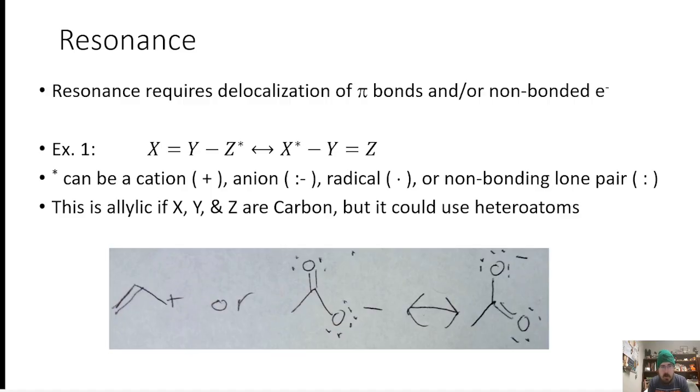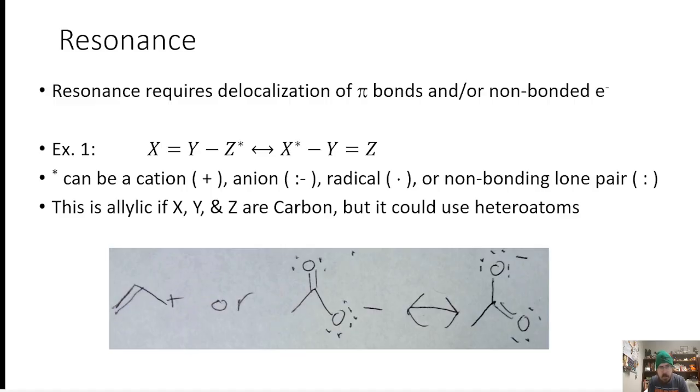So we can look at a generic example: X double bonds to Y, and we have a Z star, and we could resonate to X star, single bonded to Y, double bonded to Z. Now that star could be a cation, it could be an anion, it could be a radical, or it could just be a non-bonded lone pair. All these situations will allow this to occur.